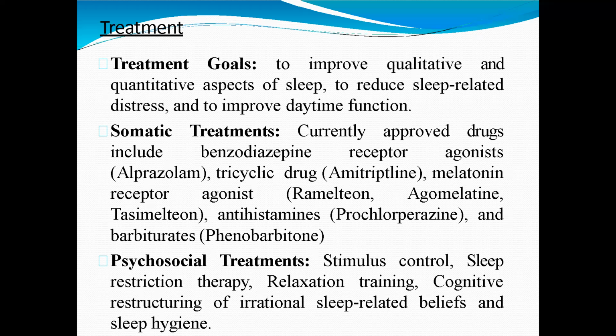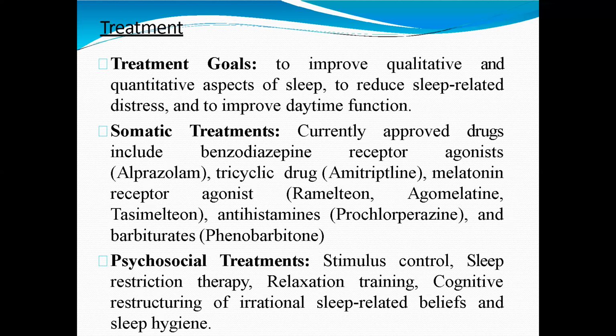And also tricyclic drugs like amitriptyline, and very specifically for insomnia, there are special kinds of drugs like melatonin receptor agonists. These are a very new class of drugs used for insomnia, like Ramelteon, Agomelatine, and Daridorexant.